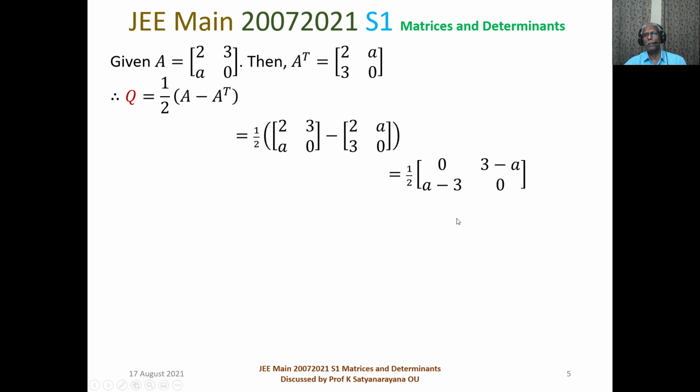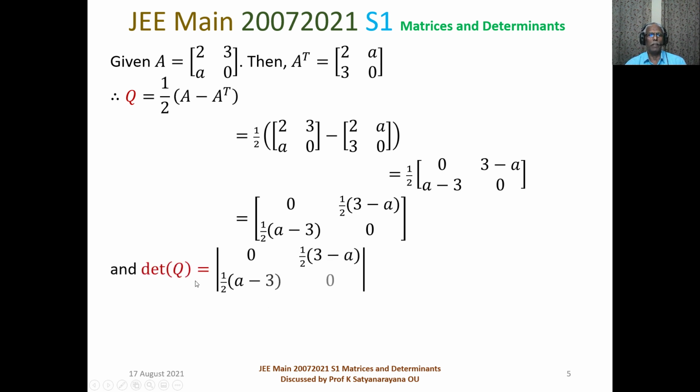So this is the matrix. Taking 1/2 inside, 0 multiplied by 1/2 is 0, 1/2 multiplied by 3 minus a, and 1/2 multiplied by a minus 3, and 0. And the determinant of Q will be the determinant of this matrix.